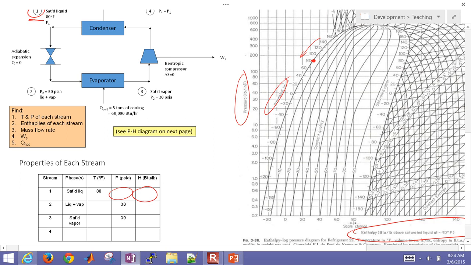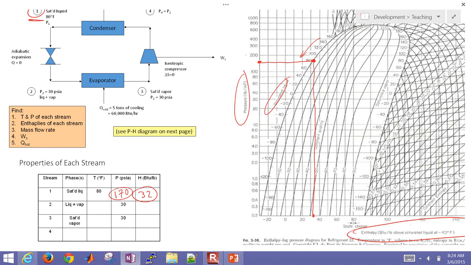So 80 degrees saturated, I'm just going to come over here, and that is going to be about 170 psia. So pretty high pressure. And then if I come down here, there's my enthalpy, and that is about 32 BTUs per pound mass. So that's a specific enthalpy.